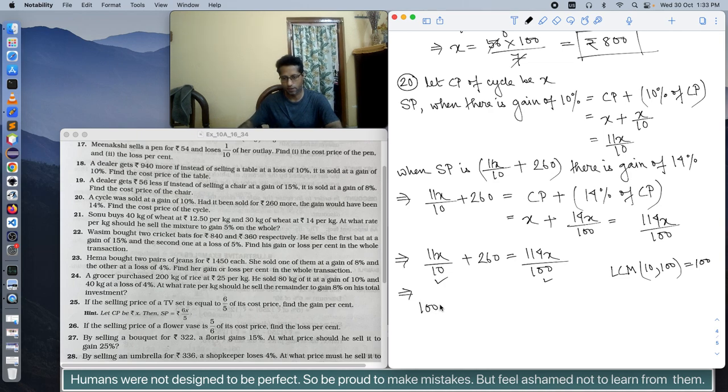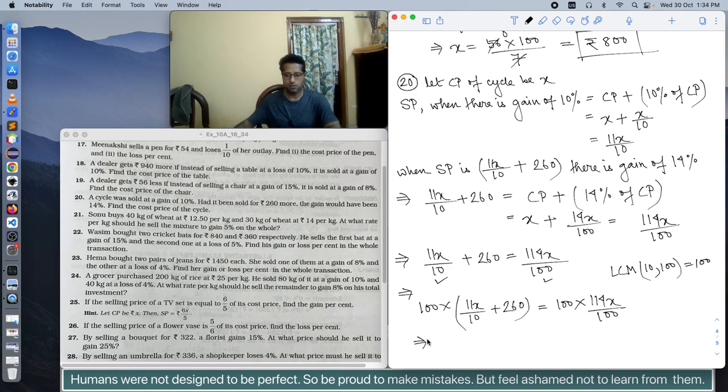So I get 100 multiplied by the left hand side, 11x by 10 plus 260, is equal to 100 multiplied by 114x by 100.